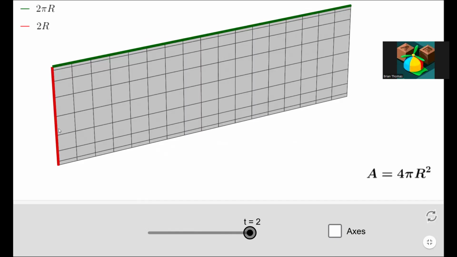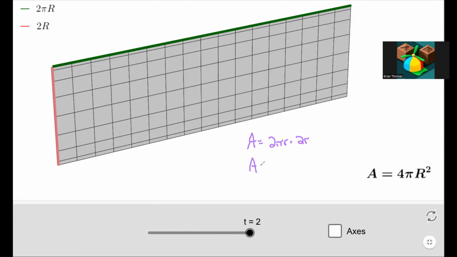But this distance here is the diameter, or 2 radii. So the area is going to be this 2 pi r times this 2r, because one edge is the circumference, represented by 2 pi r, and the other edge is the diameter.